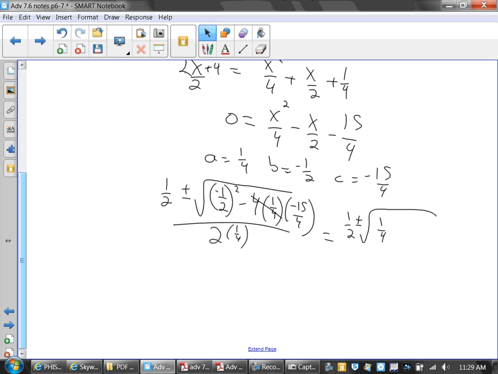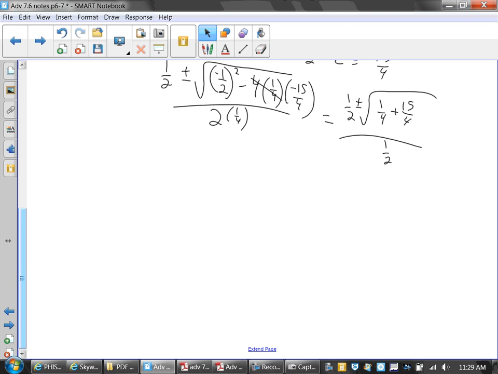That drops out, and you wind up with 1/4 plus 15/4, all over 1/2. Okay? What's 1/4 plus 15/4? 16/4. What's 16 divided by 4? 4. What's the square root of 4? 2. So you have 1/2 plus or minus 2 divided by 1/2.